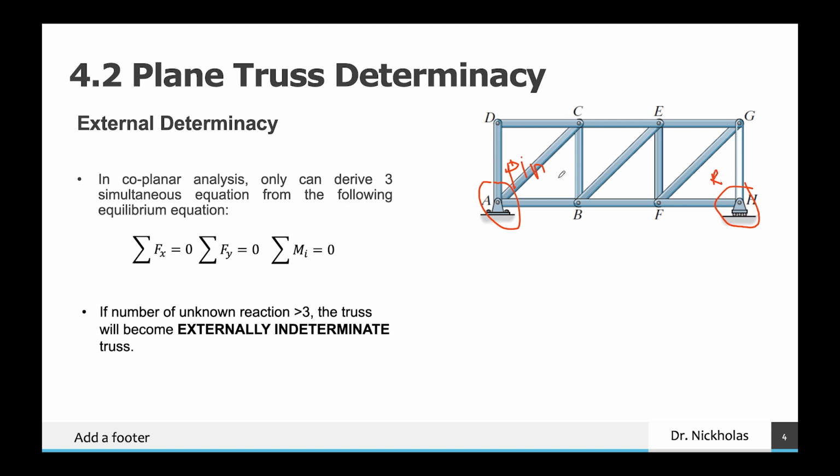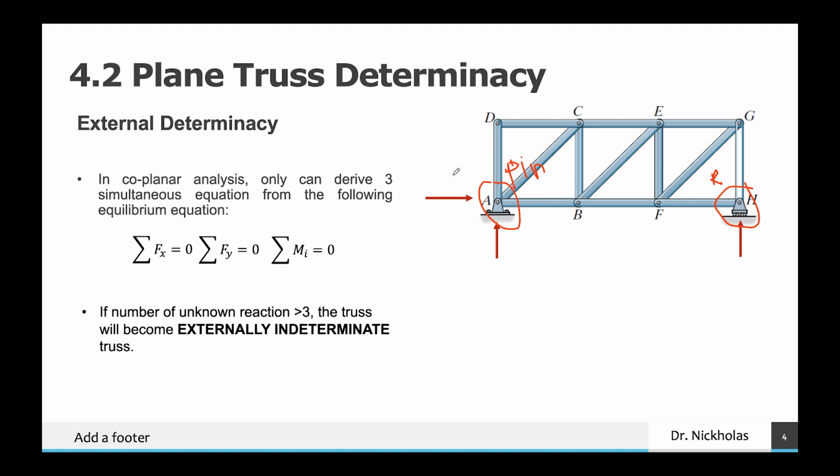As we all know, the pin support has two unknown reactions, horizontal and vertical reaction forces. At H, based on this condition, the force should be perpendicular to the direction of the roller, which means we have a vertical force at H at the roller.